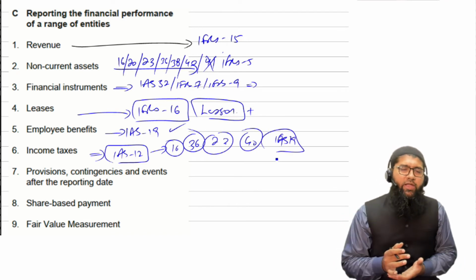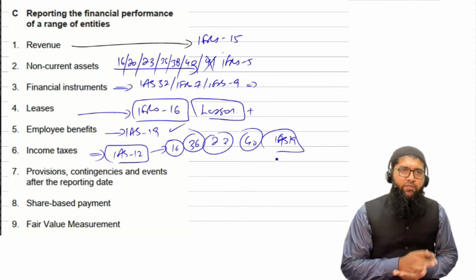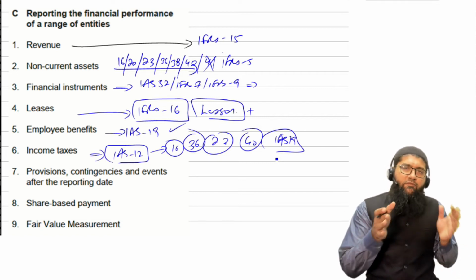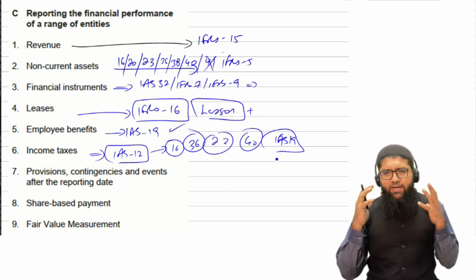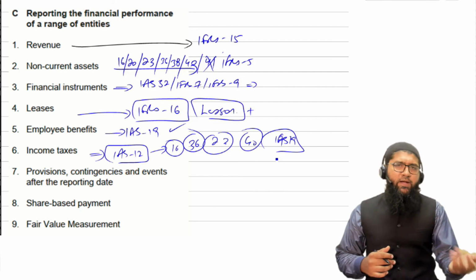So there is going to be a connection of IAS 12, the deferred taxes, the income taxes, with every single accounting standard that is part and parcel of the course. It's going to be a very, very comprehensive study with respect to IAS 12.